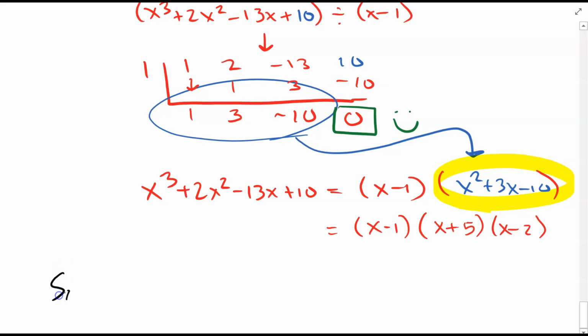What if I ask you then to solve x cubed plus 2x squared minus 13x plus 10 equals 0?